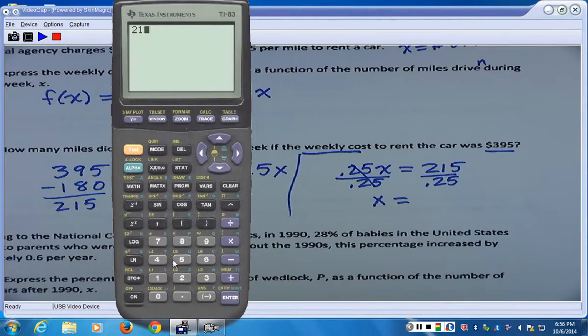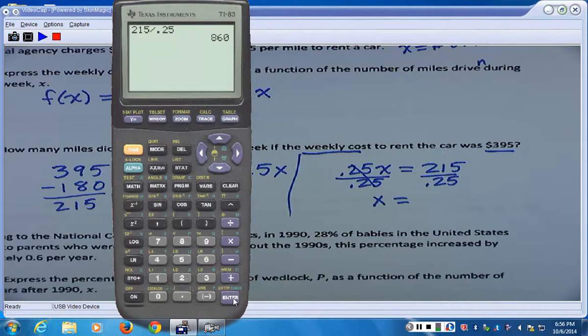So what is 0.25 equal to as a fraction? Does anybody know? Do you have that memorized? Right, a quarter. So it's 215 divided by a quarter. Dividing by 0.25 is 215 times 4. So we better get around 800. We got 860.